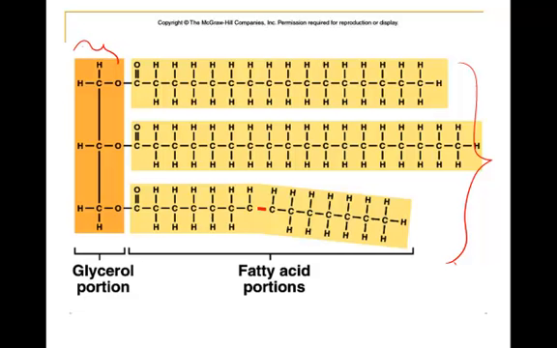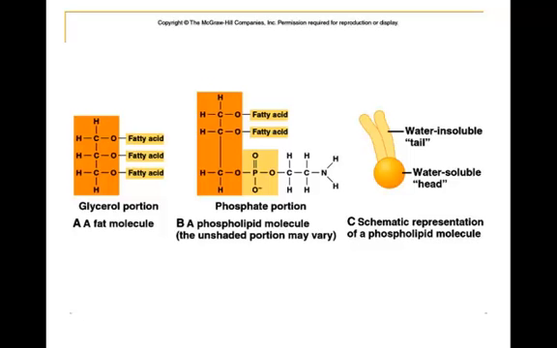We'll talk about some differences shortly when we talk about different types of fats. We will talk about this in a couple of slides, but this is generally a lipid molecule. This is the phospholipid molecule, and you see that we add a phosphate portion to it.